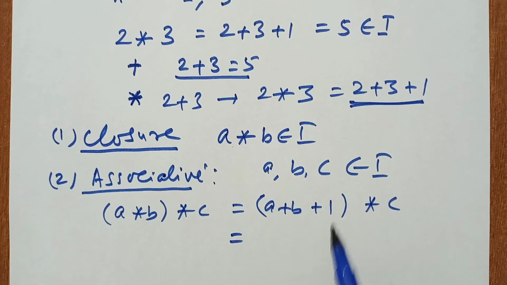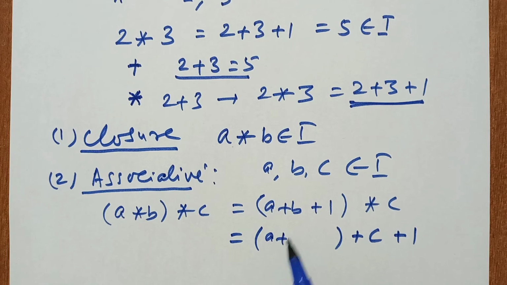So suppose this is capital A. Then capital A star c is equal to capital A plus c plus 1, meaning a plus b plus 1 plus c plus 1. These are integers, so we know in the case of integer addition we can write very easily a plus b plus c plus 2.